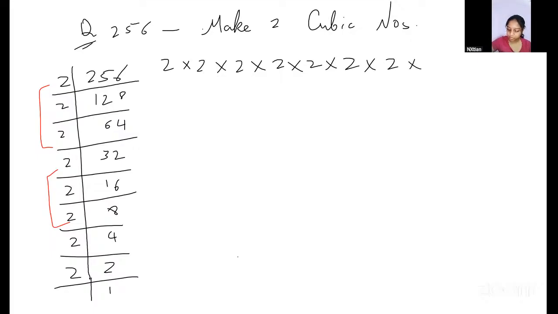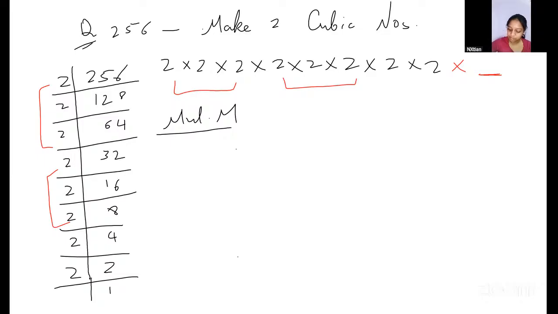And then I make pairs. So what more do I need? I need one more 2 here for this triplet to complete. So for the multiplication method, I need only one more 2.